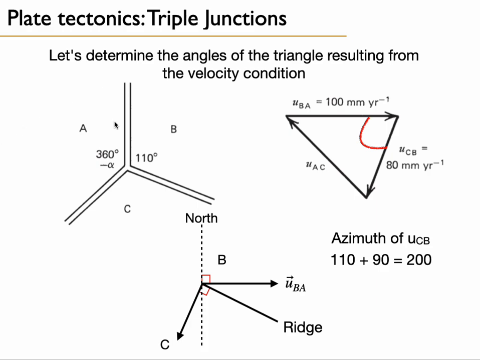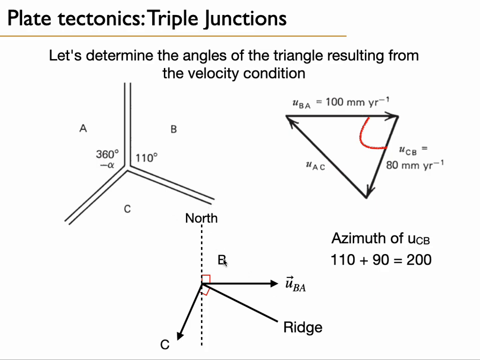So we have the system here with the 3 plates. The north is pointing to the north, and we have the velocity of B relative to A. It's 90 degrees to the north here, so it has this position.